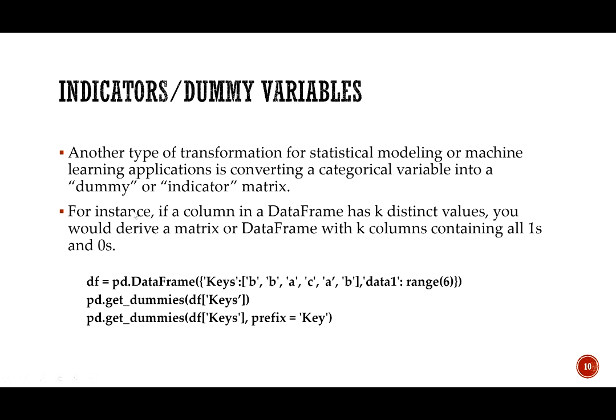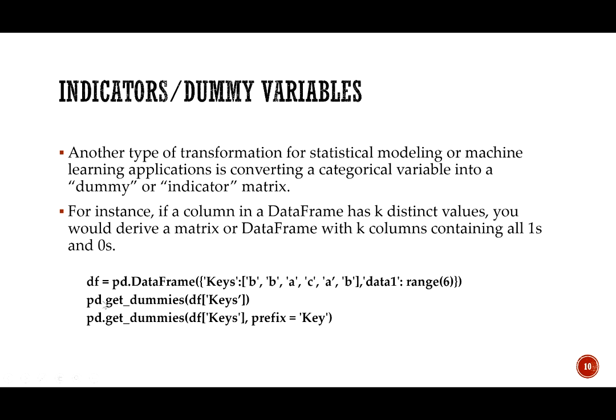and that's why we call them dummy variables or indicators. In this example, we are creating a data frame which has two columns, keys. Under keys, you can see we have A, B, and C, three main categories. And then in the second column, we are using the range function to generate some numbers. The method that we use to transform a categorical variable into a dummy variable is get_dummies.